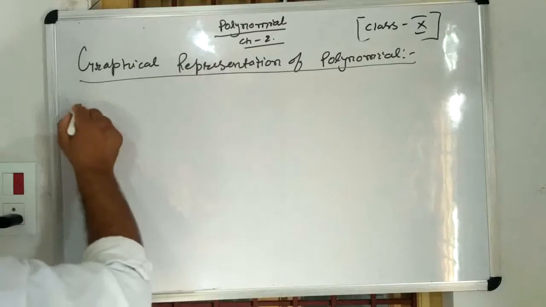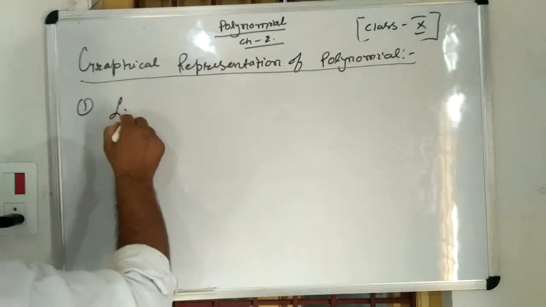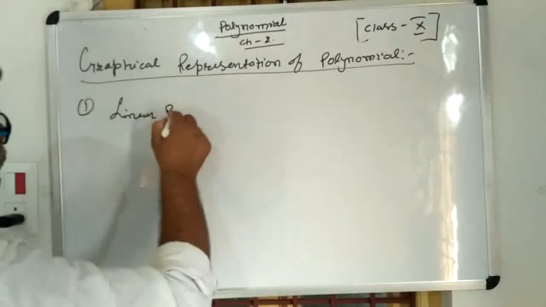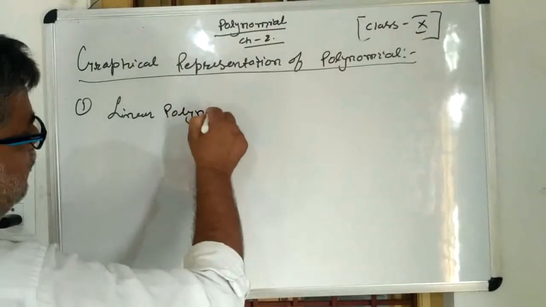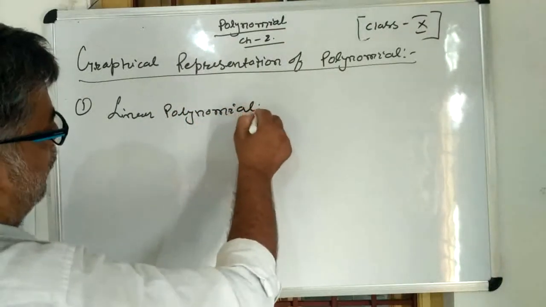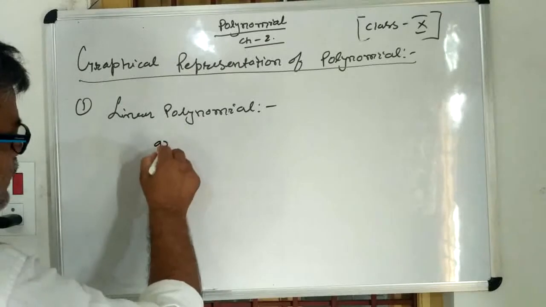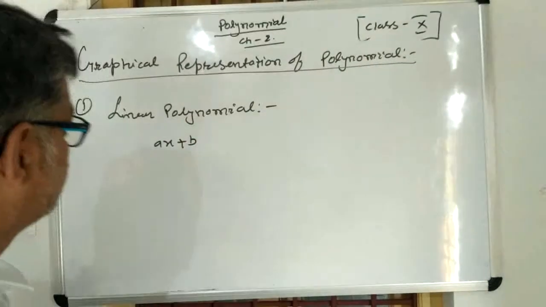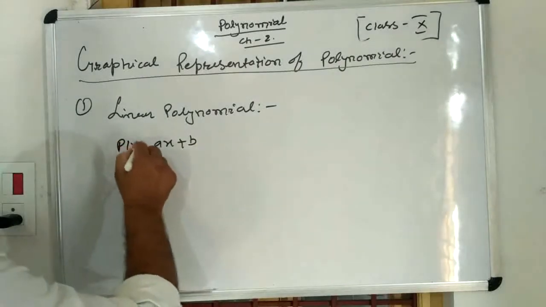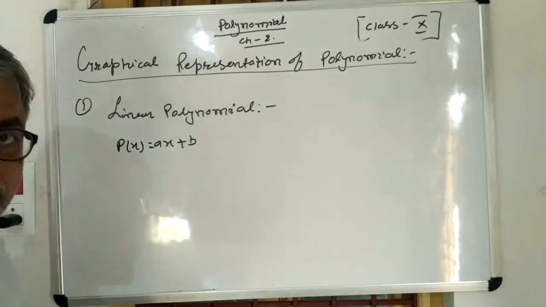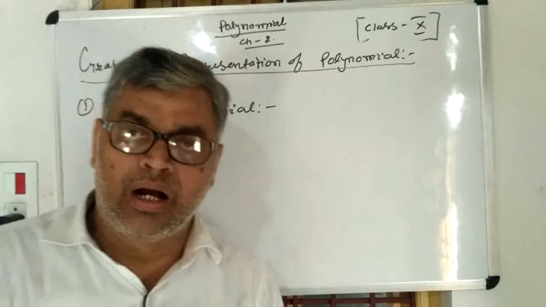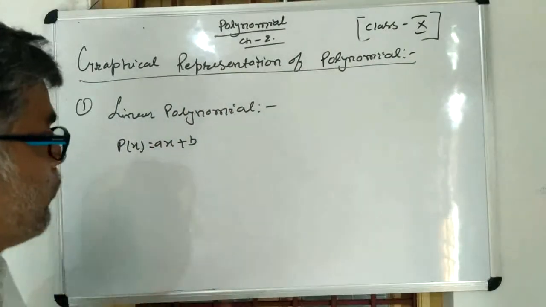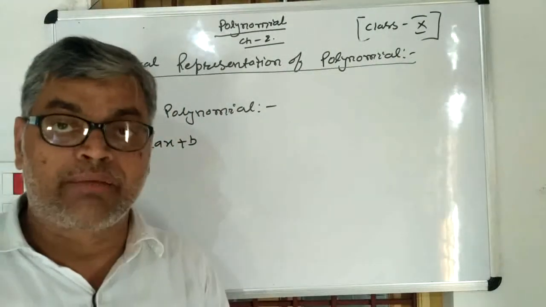First, we will see the linear polynomial. Let p(x) equals ax plus b be a linear polynomial.